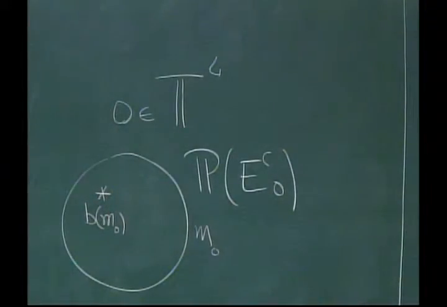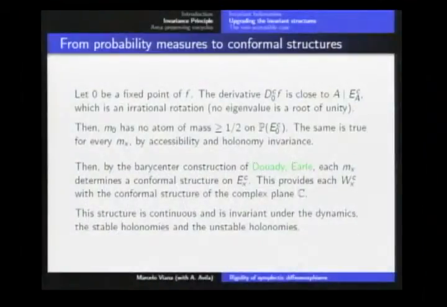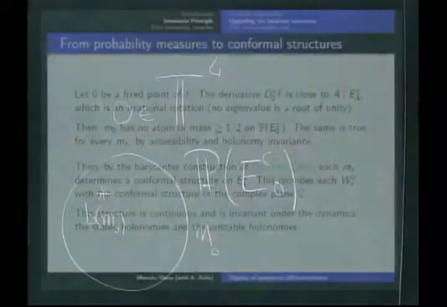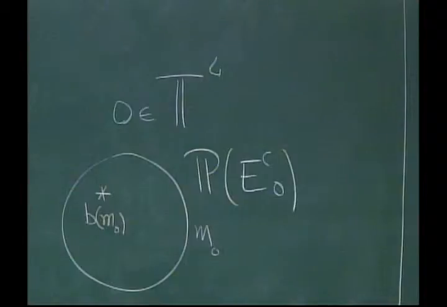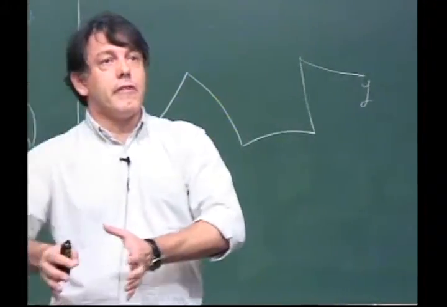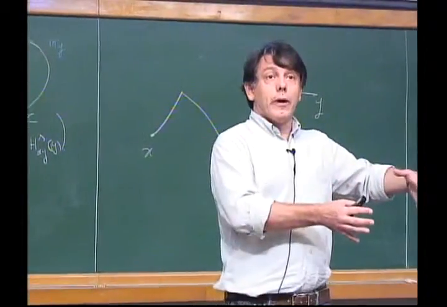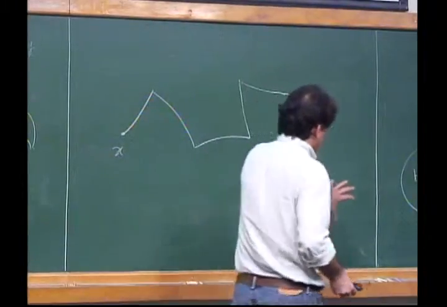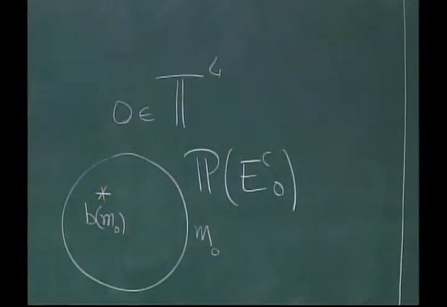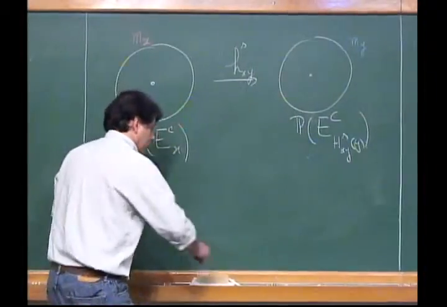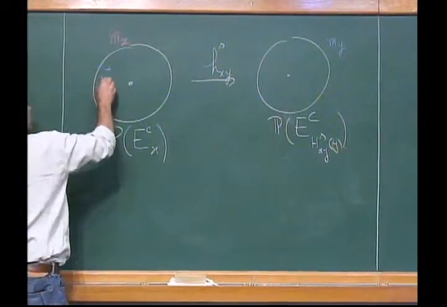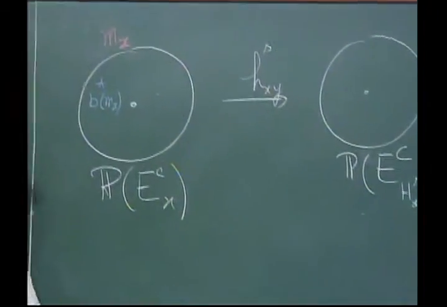And the way Douady and Earle constructed these barycenters, they are invariant under conformal mappings, etc. So now you know that the measure here doesn't have atoms, so it has a well-defined barycenter. You move this, since your family of measures is invariant under holonomies, and you are assuming that your map is accessible, from 0 you can go anywhere. And if there are no big atoms, no fat atoms here, there are no fat atoms anywhere. So at each point, there's a well-defined barycenter for the measure m of x.